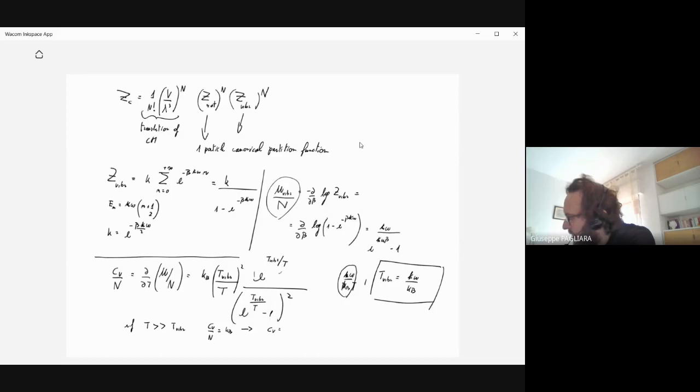Therefore, the heat capacity is just kB N, exactly as in the case we saw before, so in agreement with the previous classical calculation.